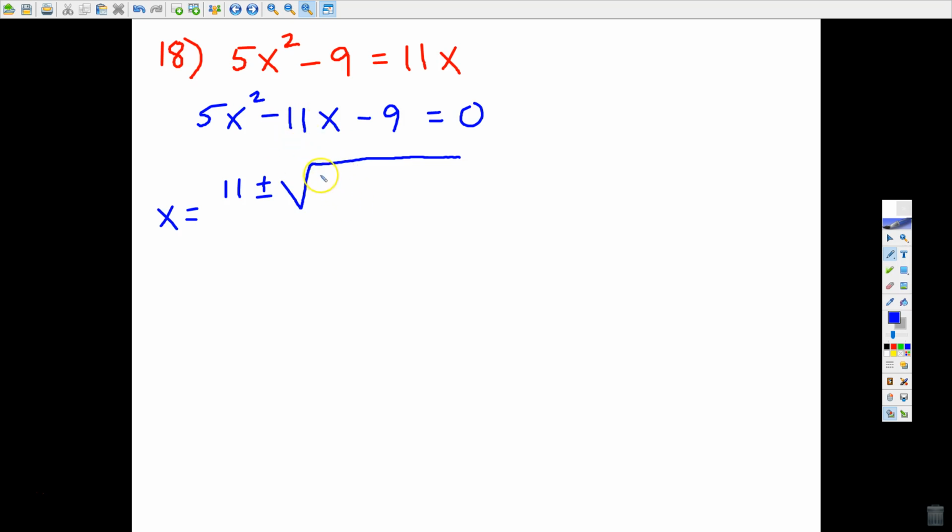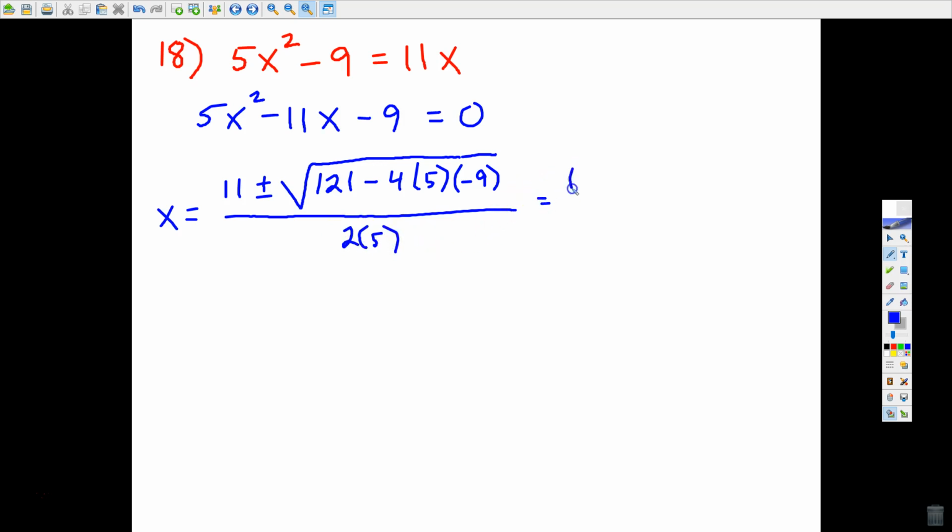Negative 11 squared is 121 minus 4 times a times c. Just going to write all those out, and then we'll come back and simplify. And all of this is going to go over 2 times a. A is 5.